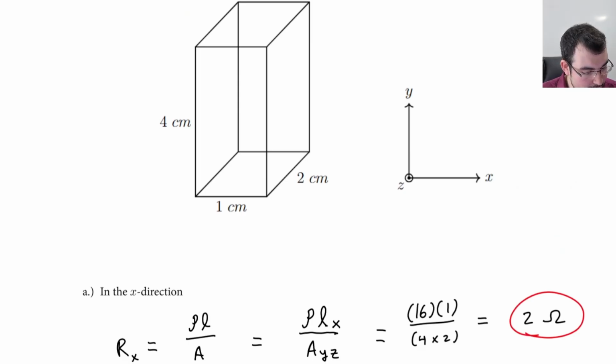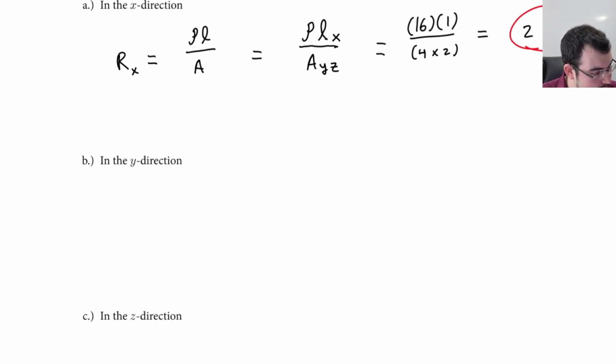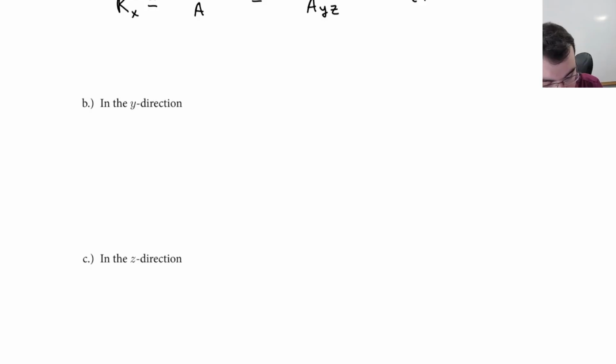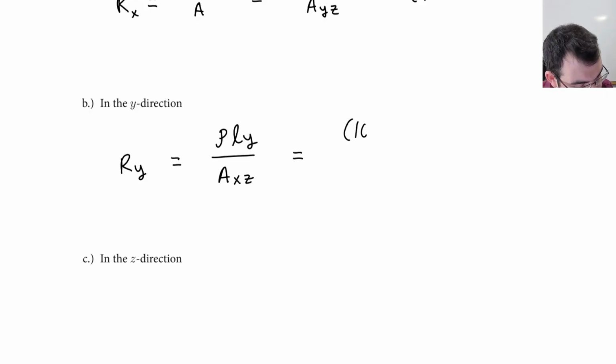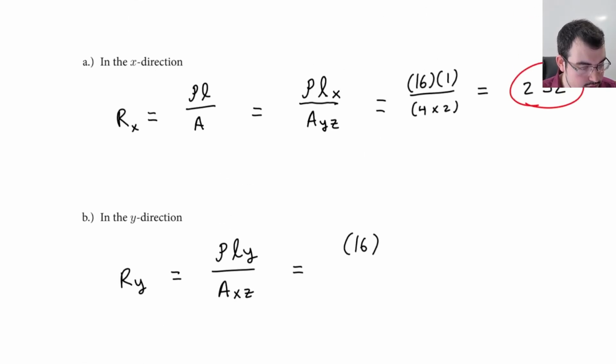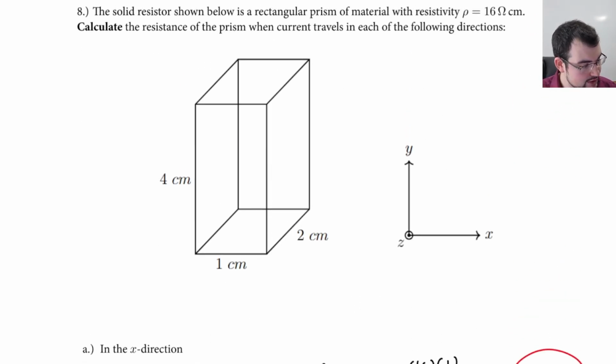All right, now for the y. So for the y, we can speed this up now that we see the method. We take our length in the y direction and multiply by our area in the other two. Resistivity is 16 ohm centimeters. Well, the y direction, that's towards the top of the page. So the length we're using is going to be 4.